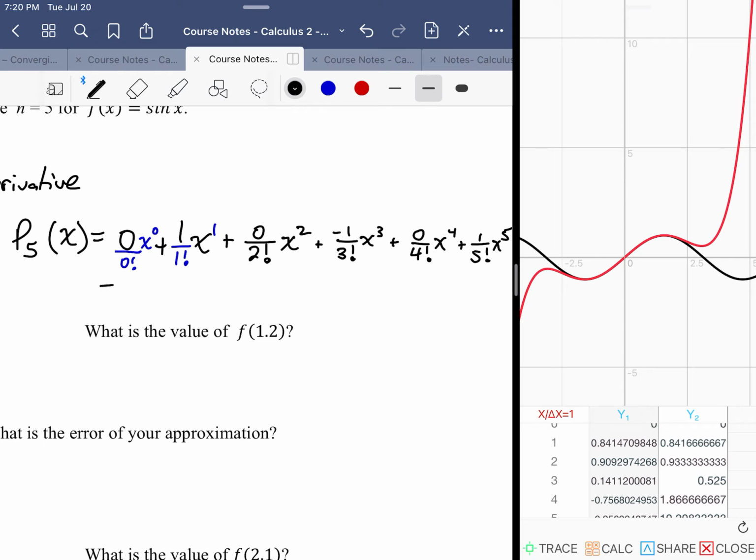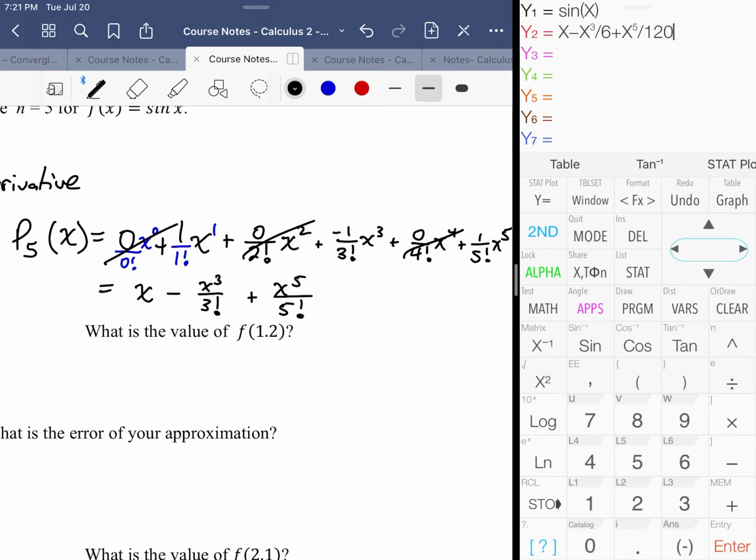All right. So we can get rid of anything that has a numerator of 0. So x minus, so these are gone, 1 over 3 factorial, but I can say x cubed over 3 factorial, plus x to the 5th over 5 factorial.